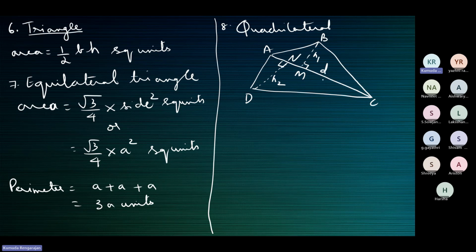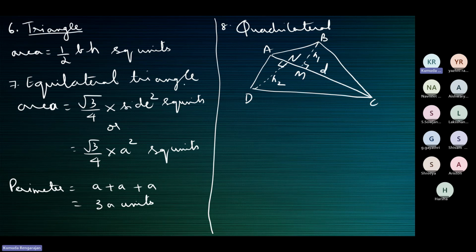See, now with respect to the diagonal AC, we have two triangles. One is triangle ABC. The other is triangle ADC. ABC, ADC, with respect to the diagonal AC.